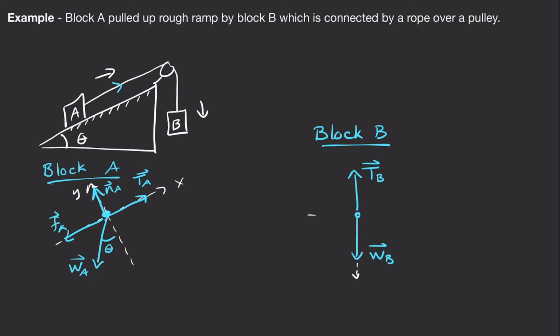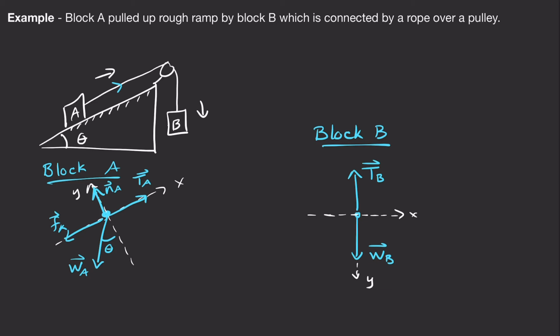In this case, I'll do something else that might be unusual. I'm going to put the positive y direction as straight down, because block A is going to move up the ramp, which is my positive x direction. Since block B is going to be moving down, I'm going to call that positive y.